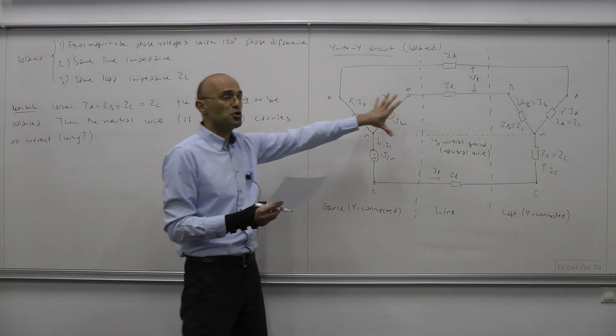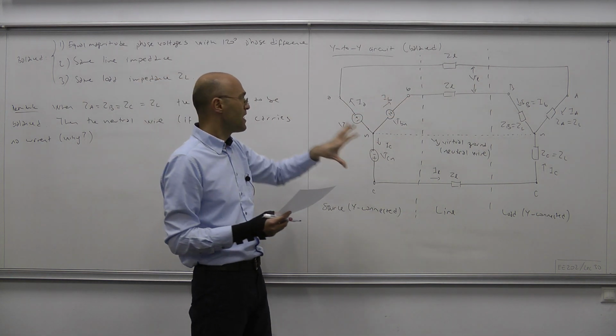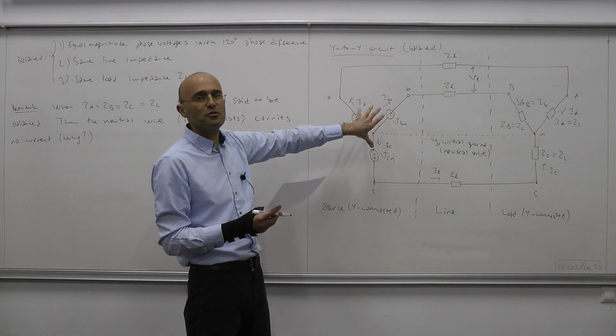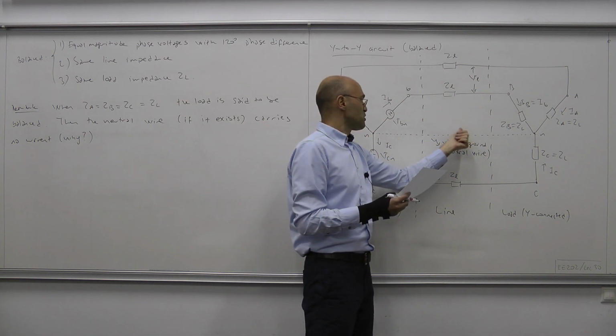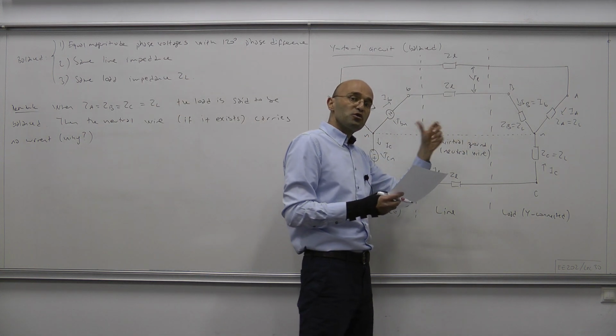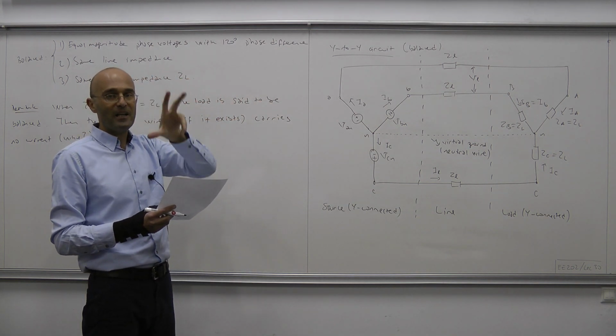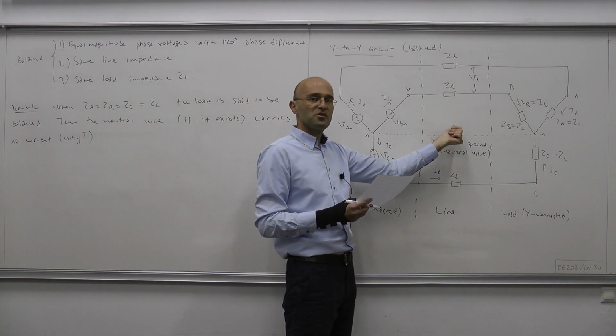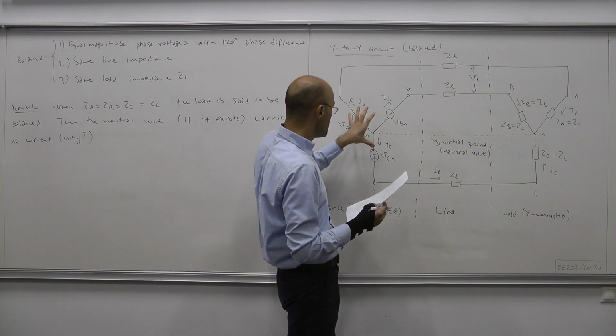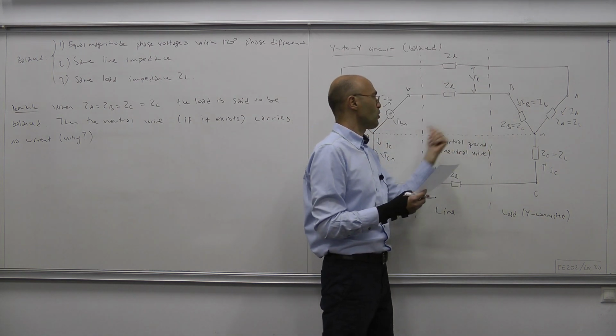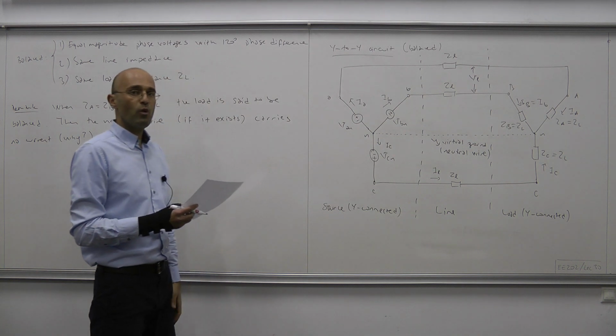Then, since the circuit is linear, we can apply superposition. When these three sources are active simultaneously, the current here will be the sum of those three currents. Since those three currents make a balanced set, their sum equals 0. Therefore, when these three sources are active, there will be 0 current passing through this wire.